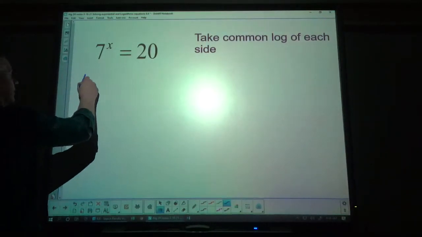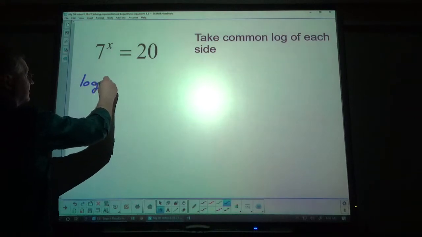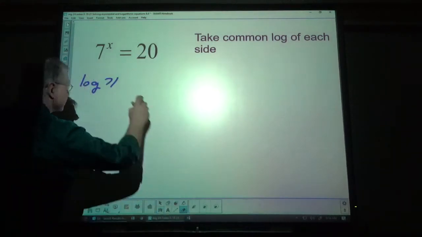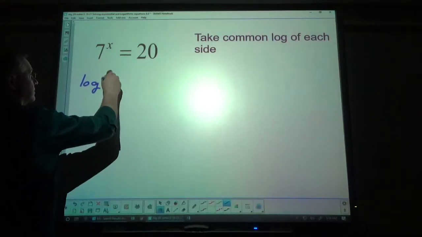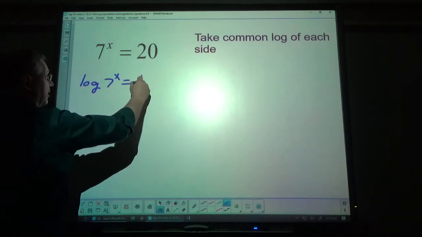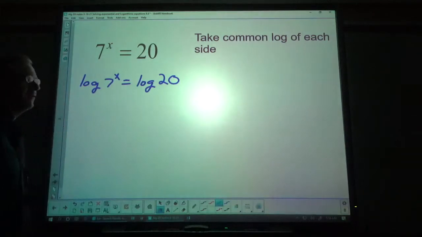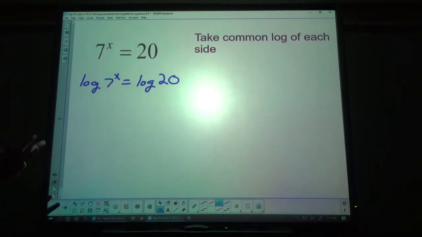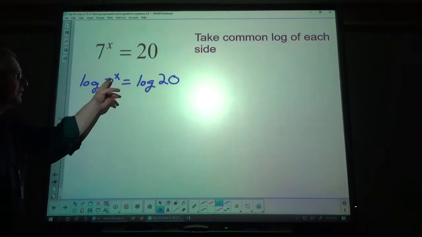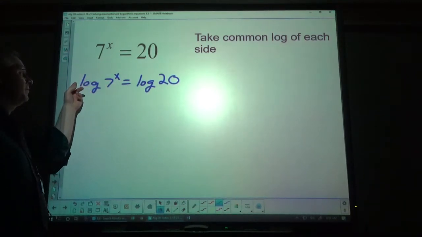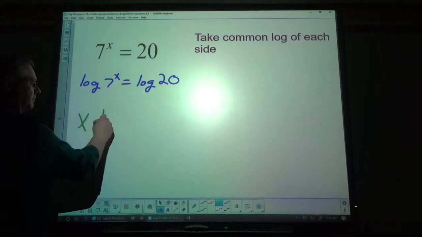So I'm going to say log of 7 to the x equals log of 20. Now you may say, well, how does that get us anywhere? Remember I said when we were working with expanding and condensing log information, that it helps us manipulate it. Well, this power can now become the multiplier.